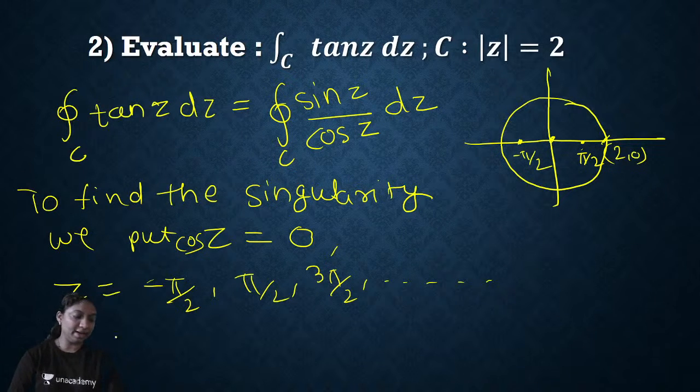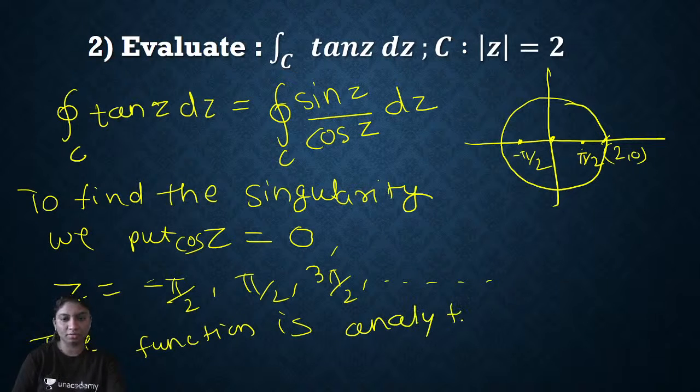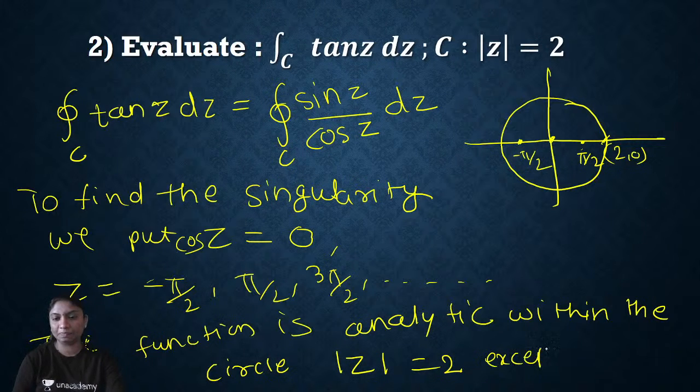So we can write here the function is analytic within the circle |z| = 2 except at z = minus pi by 2 and plus pi by 2. Why are we not taking 3 pi by 2?